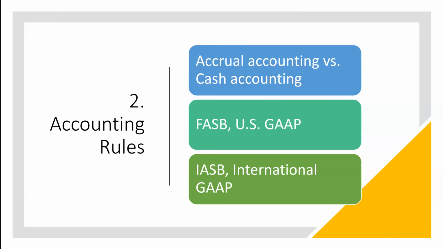They differ slightly, although they are converging more and more over time, with the International Accounting Standards Board, which provides international generally accepted accounting principles. And so a large portion of the world follows the IASB standards. The United States still follows the FASB standards, although our exchanges are accepting financial reports that are prepared according to international GAAP. And so those are two separate rule systems.